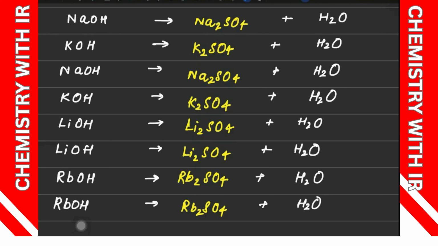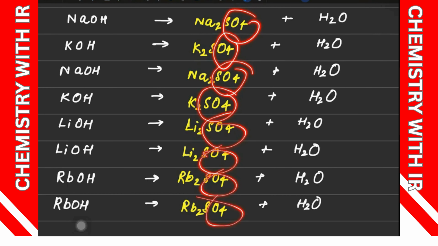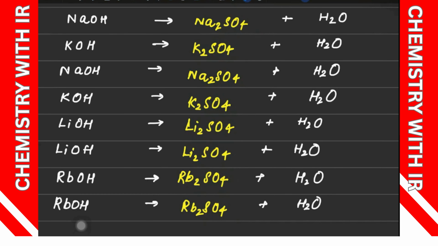No, the charge for the sulfate is 2. That's the reason for this 2.